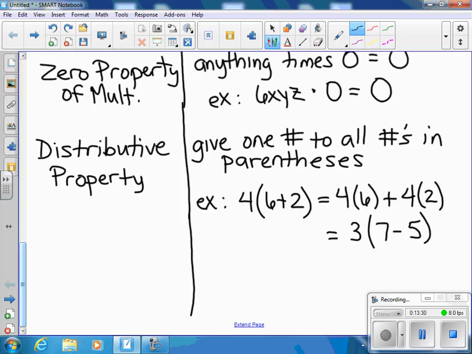That 3 is on the outside of parentheses, so I'm giving that 3 both to the 7 and the 5. So I need to make sure that 3 shows up in both places. On the left side of the equal sign, it might start with 3 times 7, because you gave the 3 to the 7, put the minus sign, and then give the 3 to the 5. So you're looking for the fact that it used the 3, which was the number on the outside, twice. Up here in the first one, the 4 was on the outside, so we were looking to see where the 4 was used twice. Anytime that happens, that's known as your distributive property.